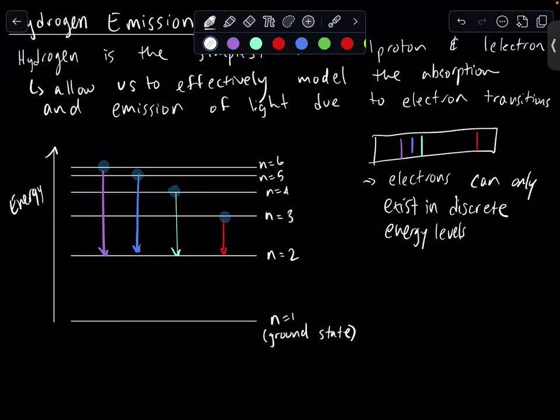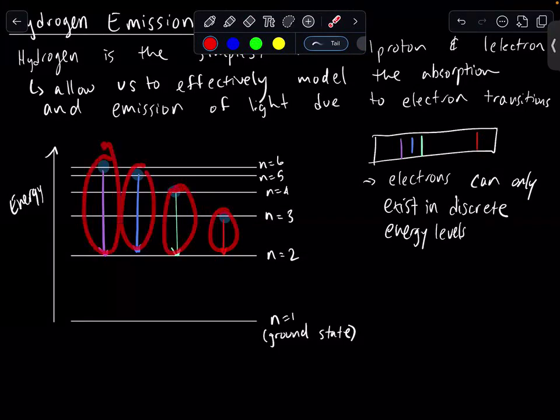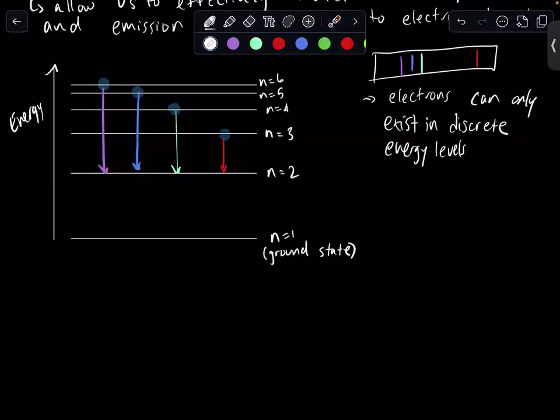Because we're never going to get an orange line by a transition that starts midway between 2 and 3 or any lines that start midway. We only get lines that represent discrete transitions from one energy level to another. These, however, only cover visible light.